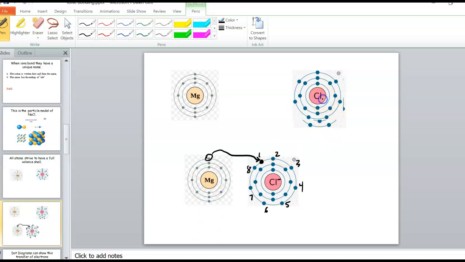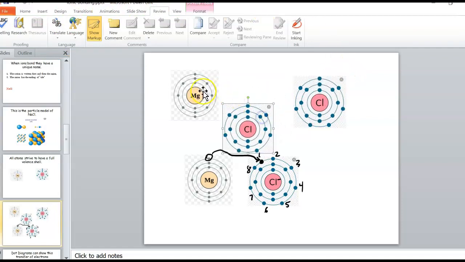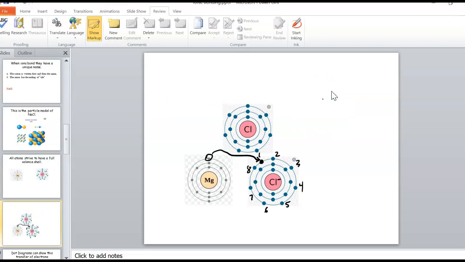And so what we can do is add another chlorine. So let me go ahead and get rid of these. Let's see if that works, okay? Remember, you have multiples of every atom.